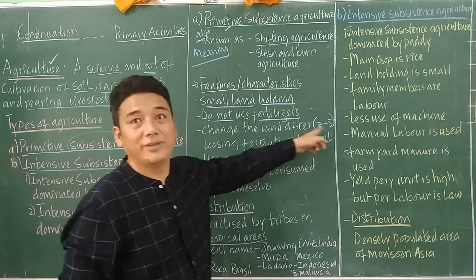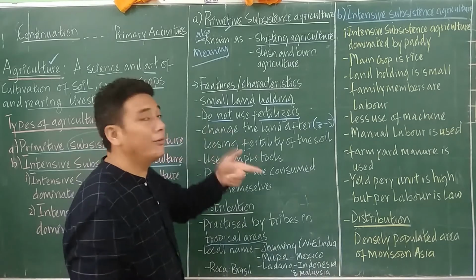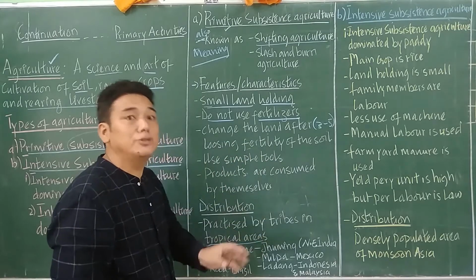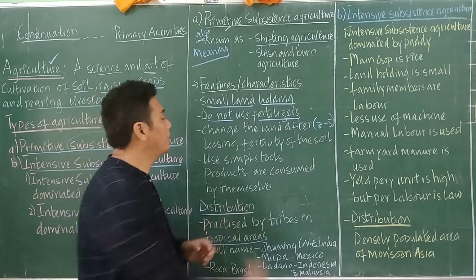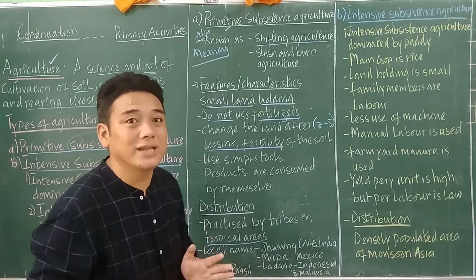After 3 to 5 years they will move to a new land. Why are they moving from place to place, or from the present land to another forest area? Because the fertility of the soil became unfertile.